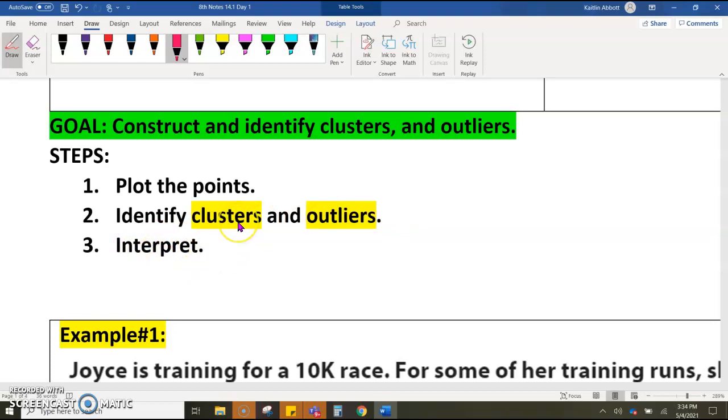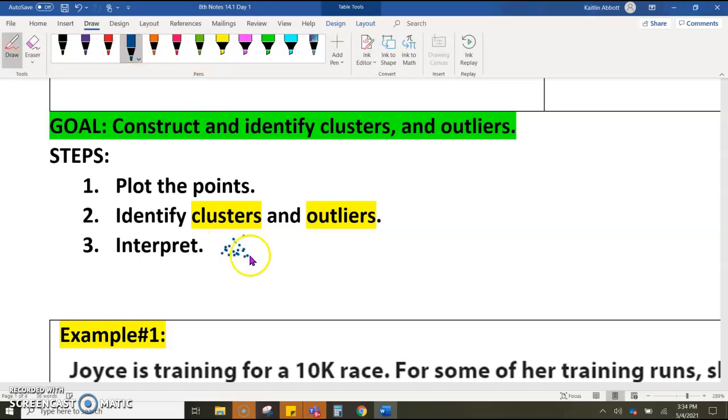So a cluster is just a group of dots all put together. An outlier is just like one, it's like the outcast. There's just one out of nowhere that's not in the pack. So we got clusters, a whole bunch of them. Let's see if I can draw. So for example, here's a cluster of dots.